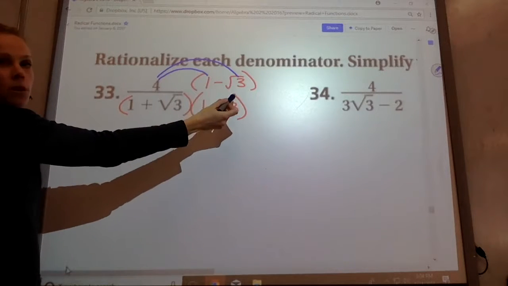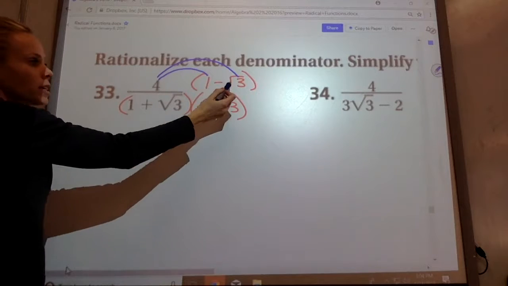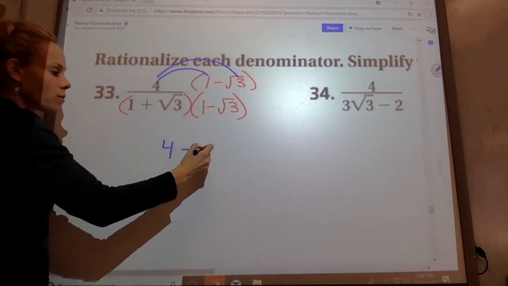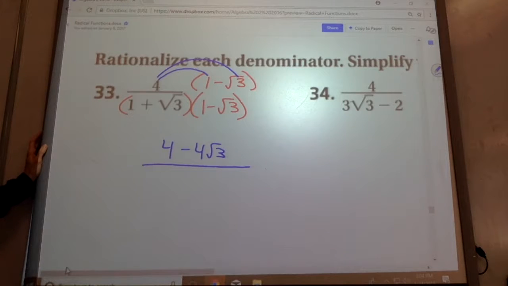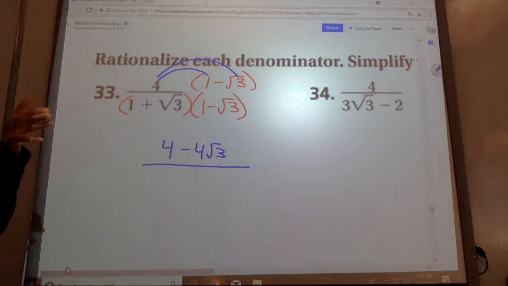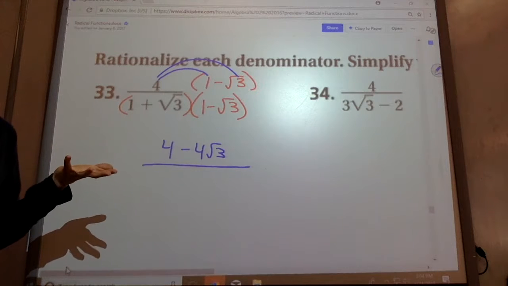So on top here, that's going to be a distribution. Just the 4 is going to get multiplied by both. So 4 times 1 is 4. 4 times negative root 3 is negative 4 root 3, right? And on the bottom, and here's the shortcut since we already did a couple examples, my outer inner terms always canceled out, right? So I don't have to do outer inner because I know they're going to cancel out.